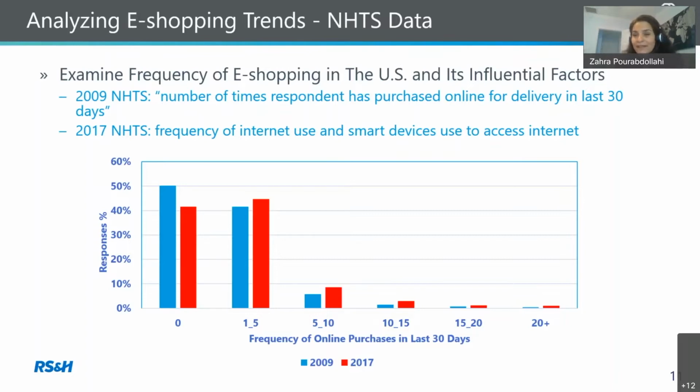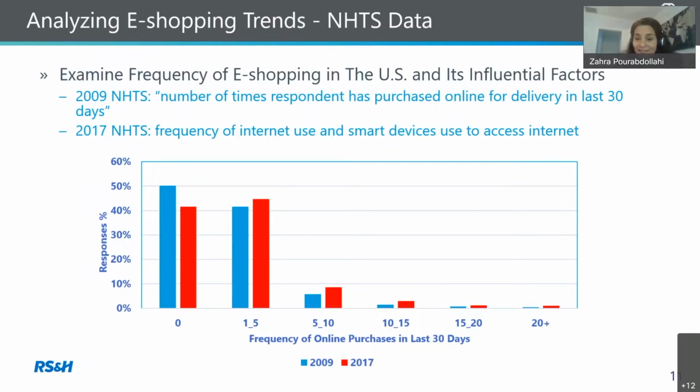In 2017, in addition to that question regarding online shopping frequency, a couple of other questions were added regarding internet access and adoption of technology, like if you use a PC or laptop, or any smart devices like tablets or smartphones. Those were new questions in the 2017 version that can be very helpful in analyzing some behaviors regarding internet use and eventually online shopping.